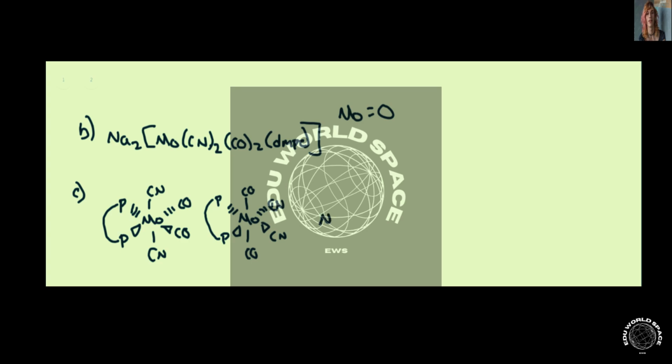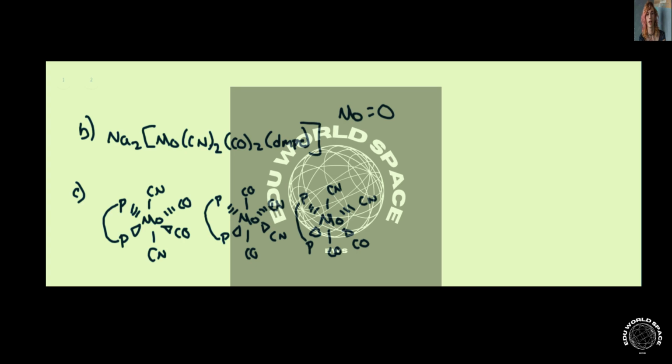So for that, Mo, where we're still going to have the P here, and then we're going to put one CN here, and then one CN here, one CO here, and one CO here. And that's only different in the location relative to this dmpe.